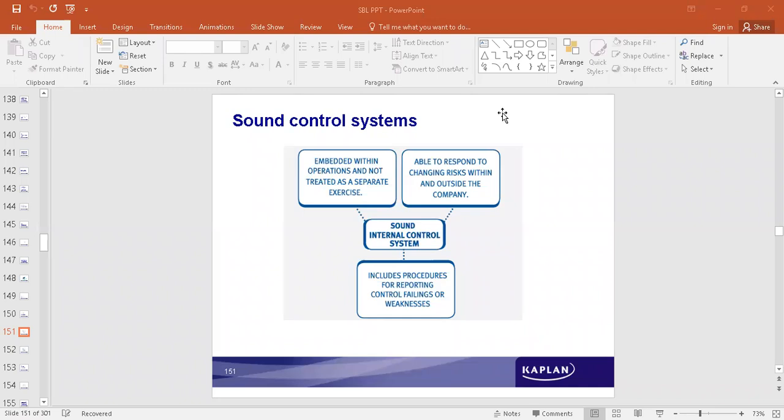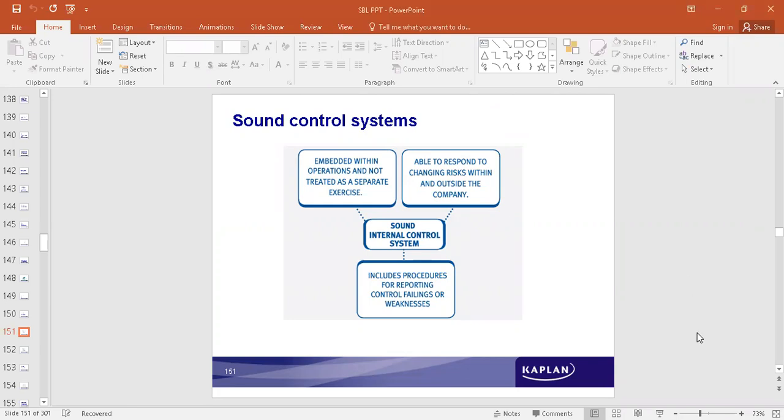So what is the amount of monetary loss that can happen on account of the event. So internal, external, whatever events happen, they make a note of it and then quantify the monetary loss, and assess what would be the impact of that. Then it includes procedures for reporting control failings or weaknesses.